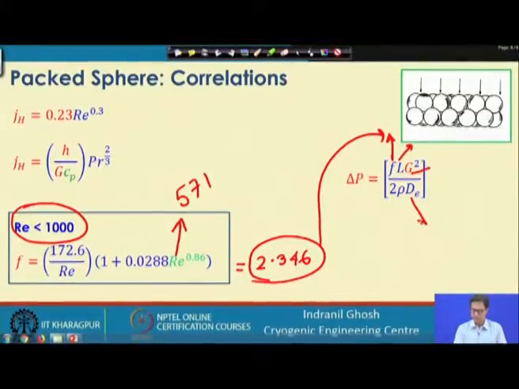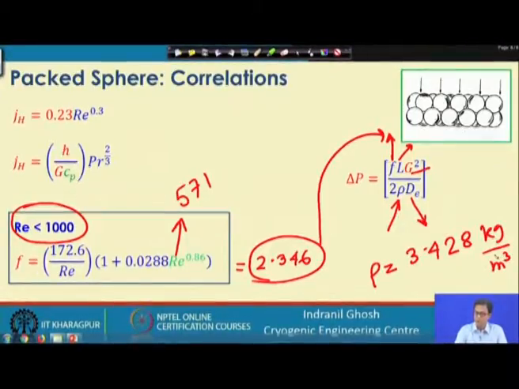The equivalent diameter we have calculated. The density, since the nitrogen is flowing at an average temperature of 200 Kelvin and 2 atmospheric pressure, so the density of the gas is also known, and this density is equal to 3.428 kg per meter cube.